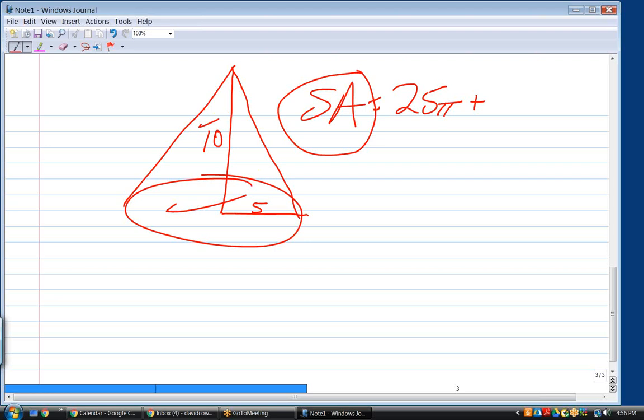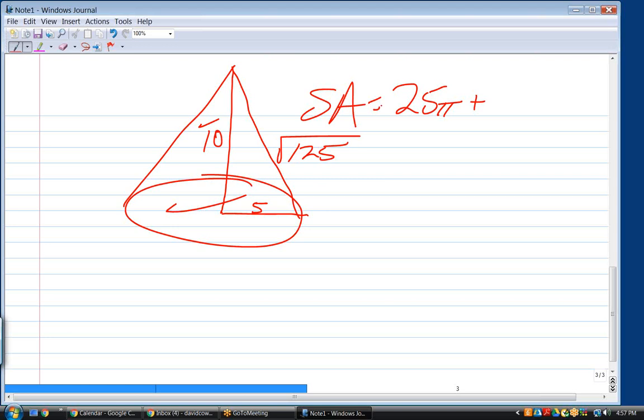And the way I've laid this out, what is that hypotenuse equal to? Square root of 5 squared plus 10 squared. So square root of 125. And that's lambda.